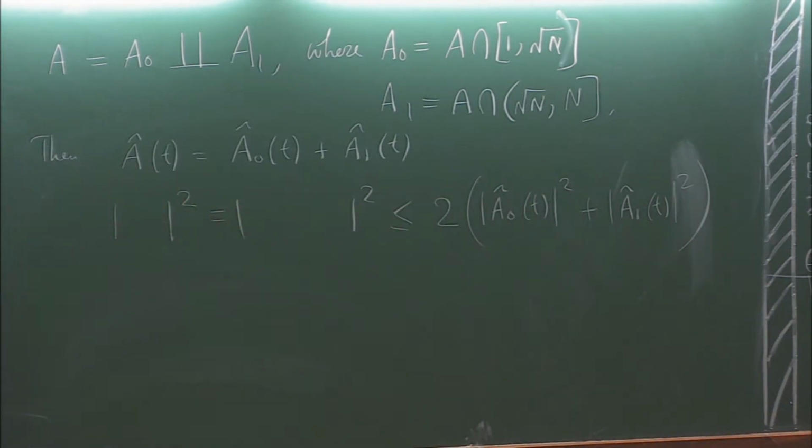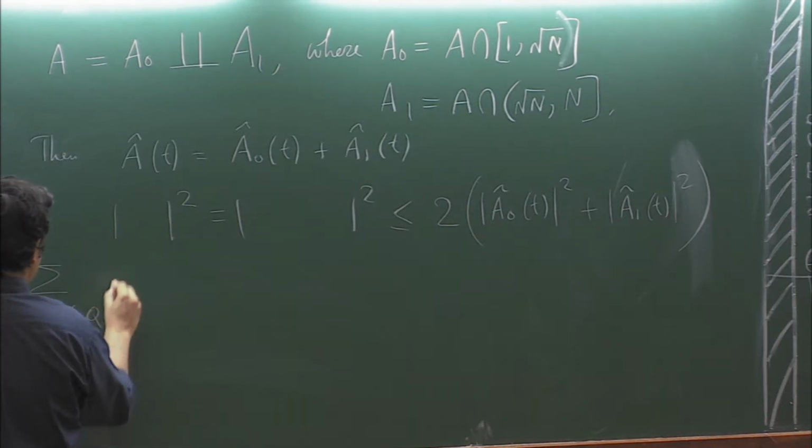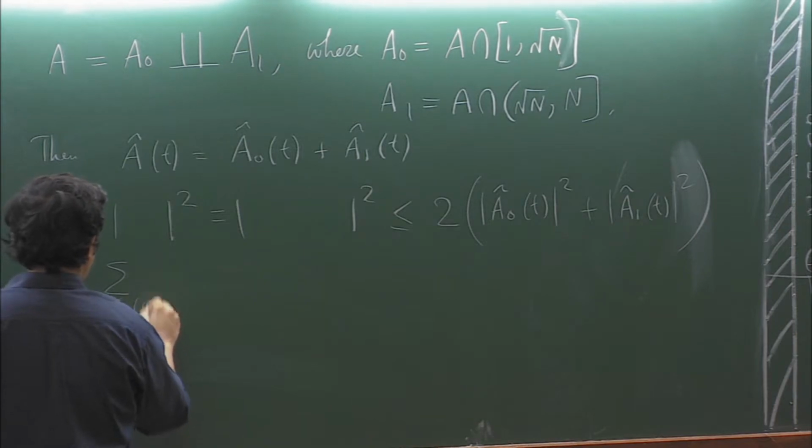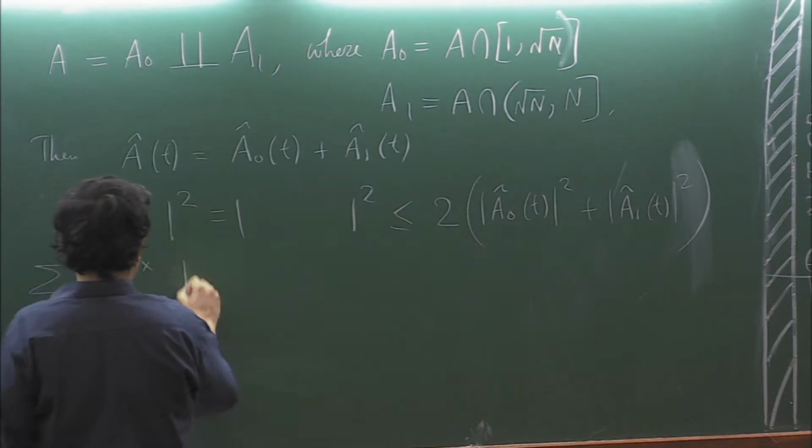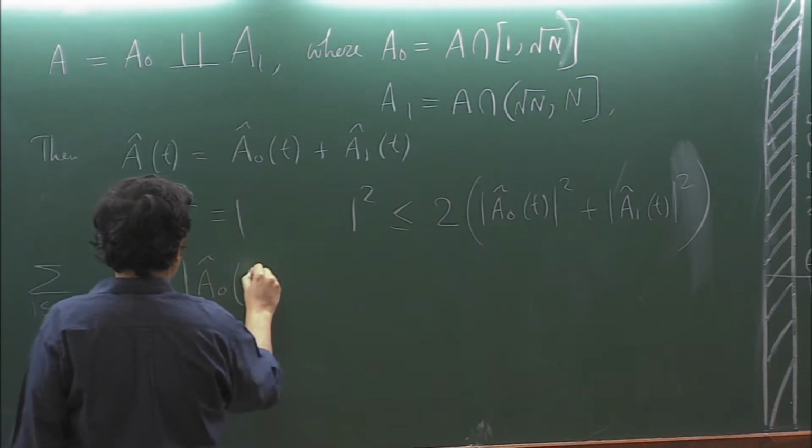So if I plug this in, I will have a constant 2 outside, then A0 hat squared plus A1 hat squared. And the contribution of A0 hat squared is very small. And then A0 hat at a by q.